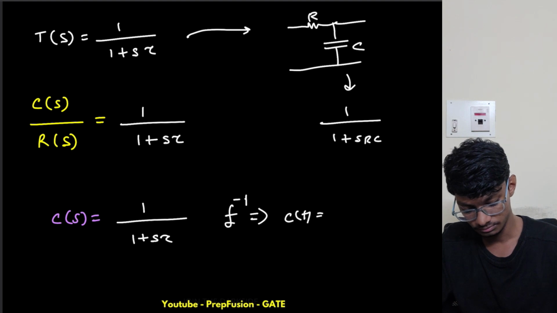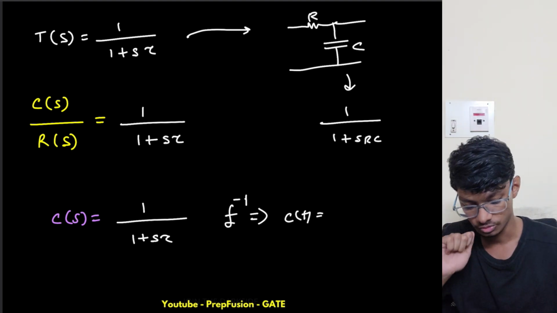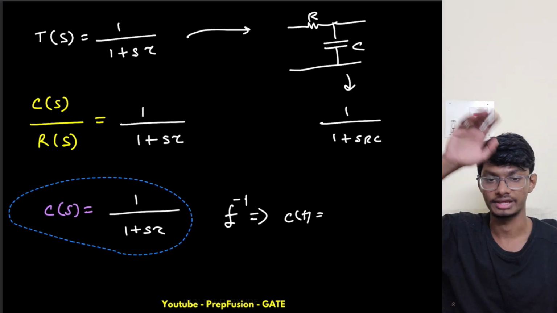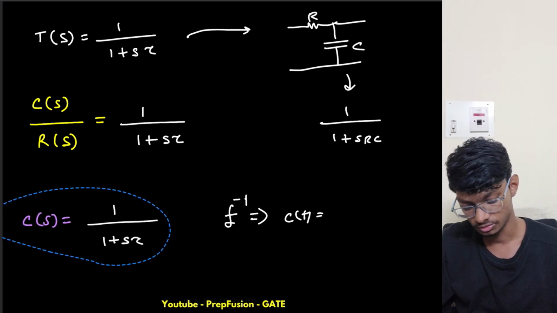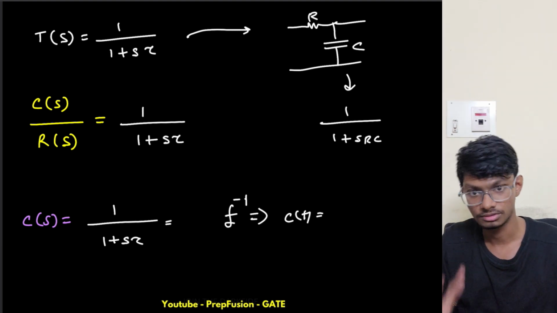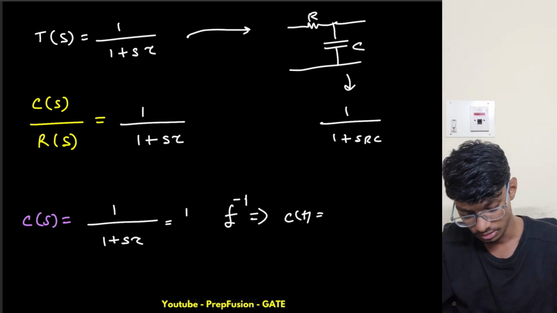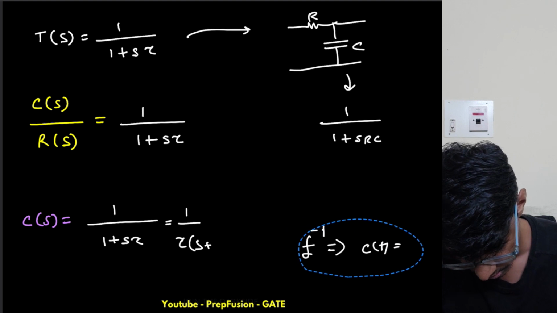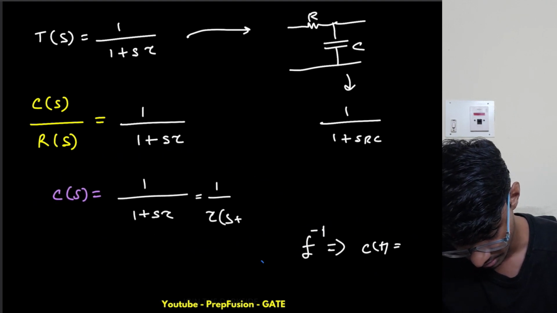C of t will be simply an exponential function. Before doing that, I have to convert this into the 1 upon S plus A or A upon S plus A format. I will take the time constant common. If I take tau common, this is S. I don't have space, just crunch for space.